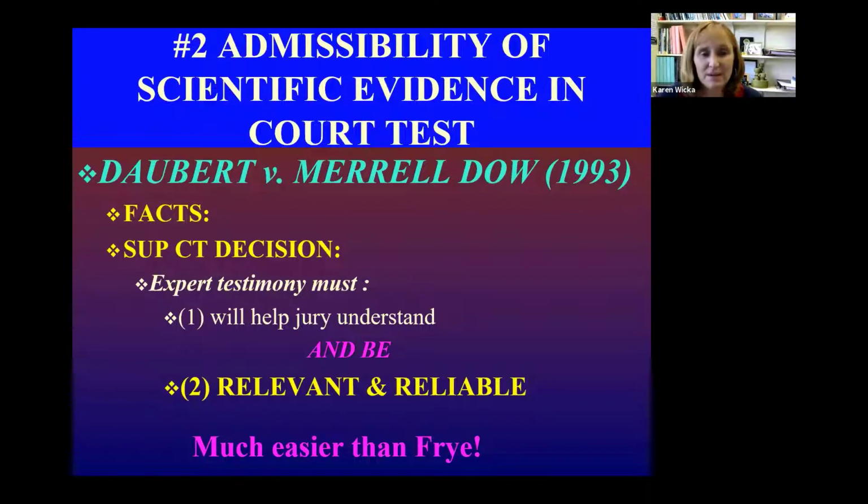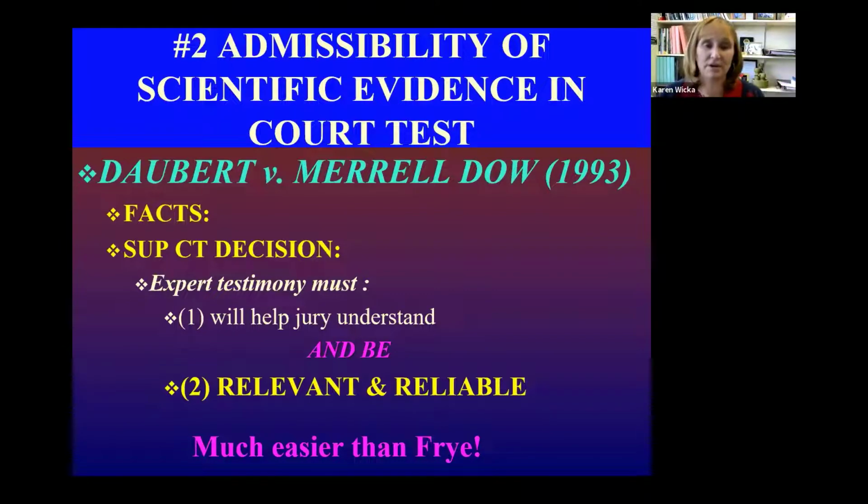But they made the second part a lot easier. So instead of being generally accepted by scientists, they said that you just have to prove that it's relevant and reliable. So that's a much easier standard than trying to get a bunch of scientists to all agree that it's accepted science. So like under Fry, people could argue that global warming doesn't pass because we don't have general acceptance in the field, which we kind of do, but that's one of the arguments.